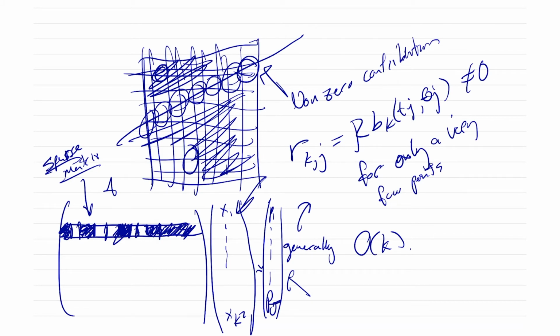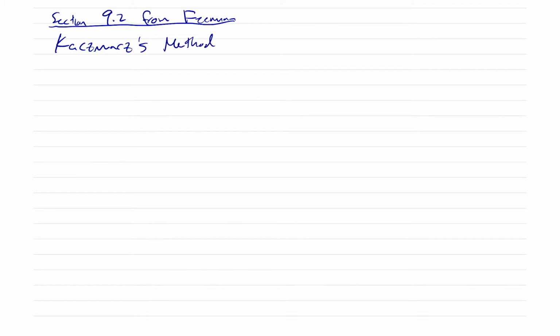So, all right. The next thing I want to talk to you about then is the Kaczmarz method, which would correspond to section 9.2 out of Feeman. And this is Kaczmarz's method. Okay, so this is a way of solving.